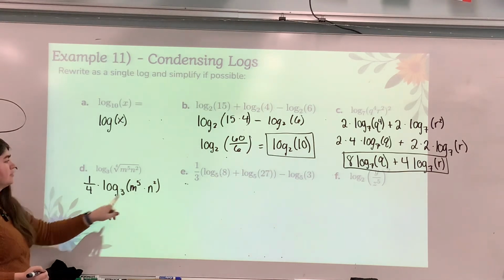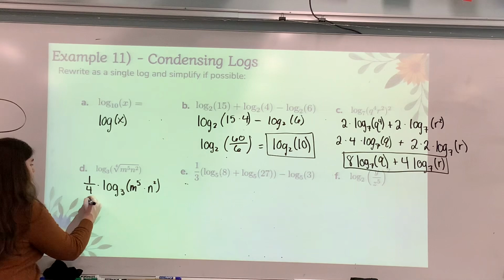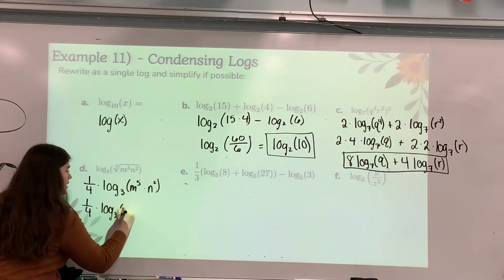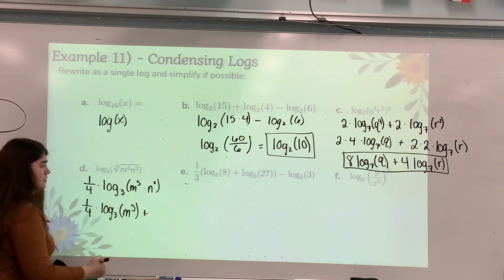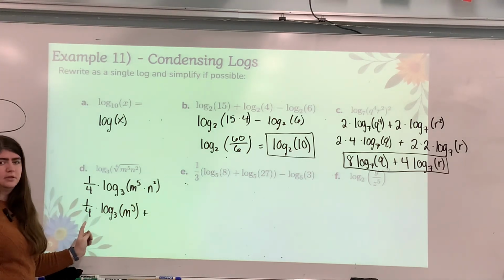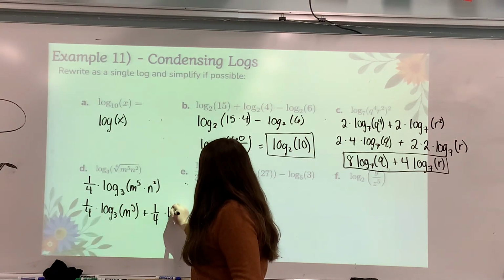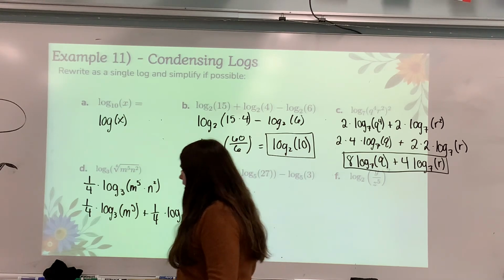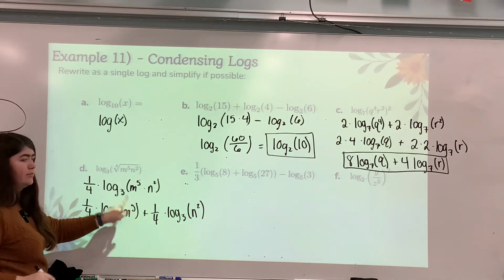Okay. So now we're going to split our multiplication up. We have 1/4 times log base 3 of m to the power of 5 plus, do we get a 1/4? Yes, we do. So we have 1/4 times log base 3 of n to the power of 2. Can we go any further? Yes, we can. We're going to take this 5 and multiply it out front.